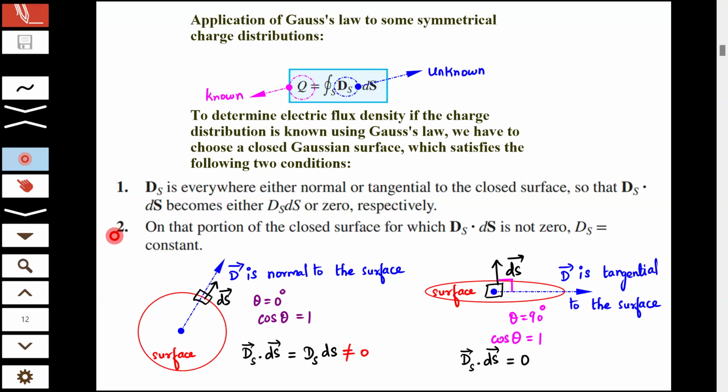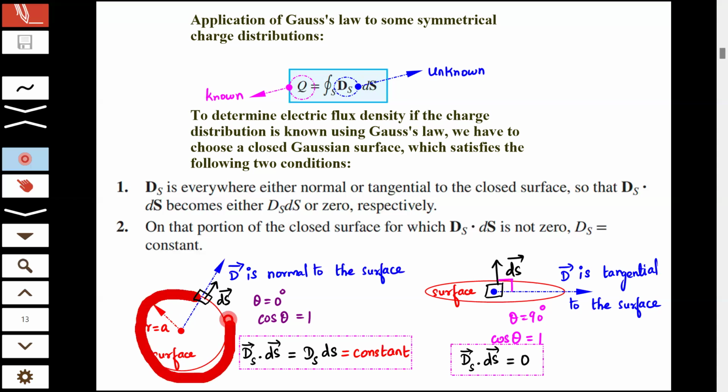The second condition is if d dot ds is non-zero, that can happen only if d is normal to the surface. For this condition, this d should be constant throughout the surface. When can d be constant? If the closed surface of a sphere is at a constant radius, then throughout the surface, the flux density vector d can be taken as constant.